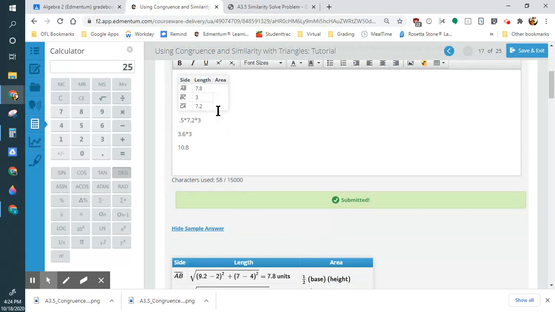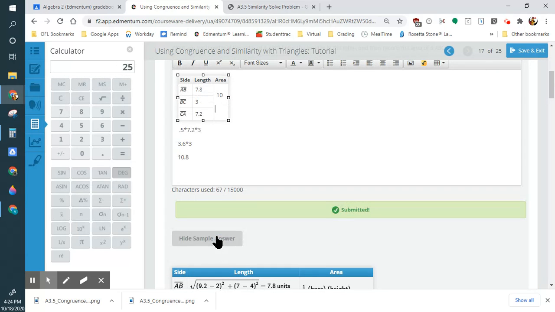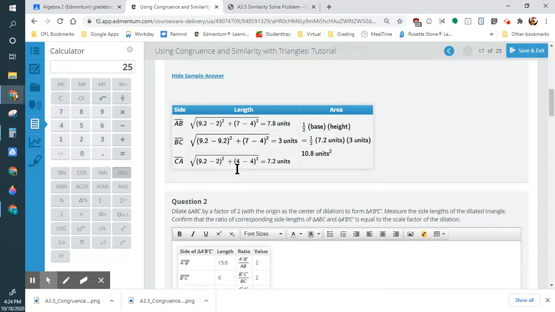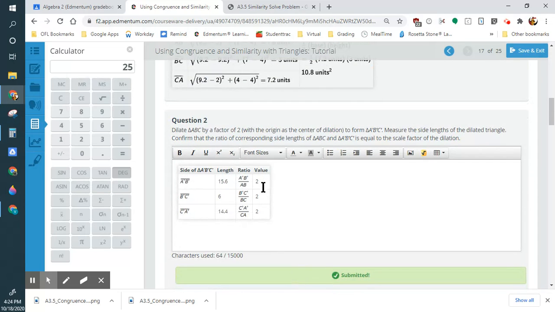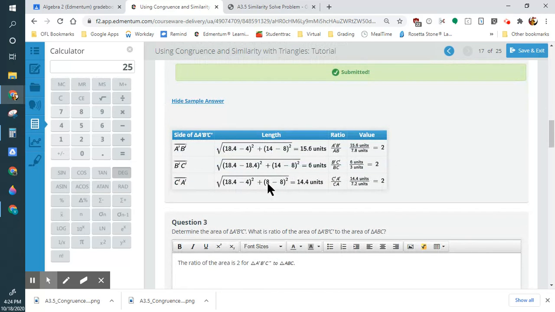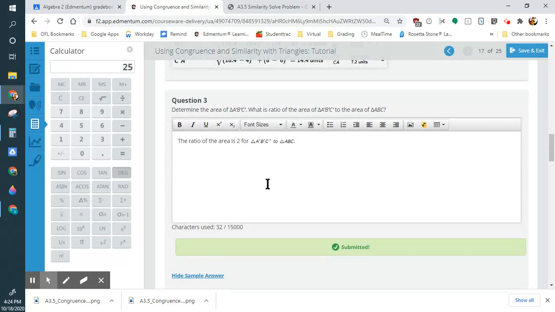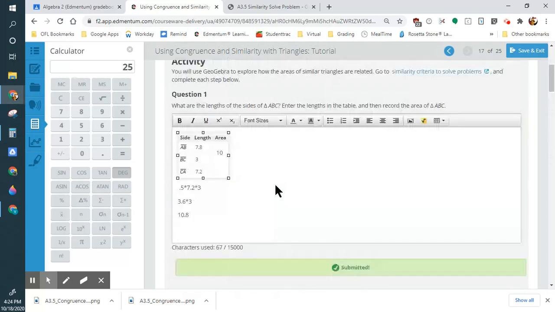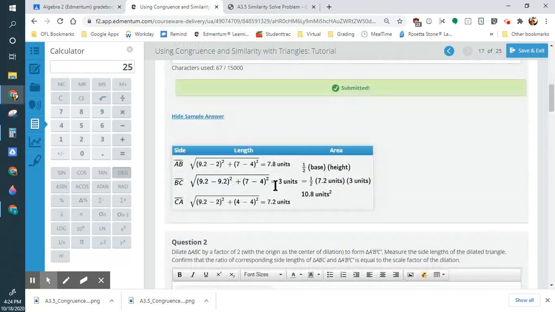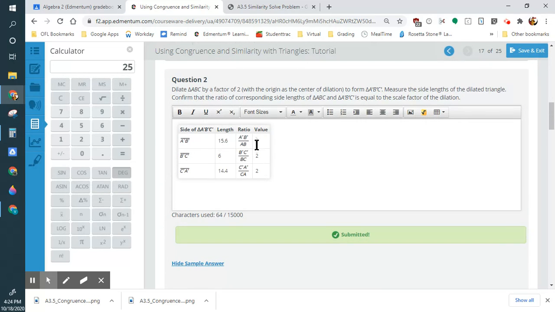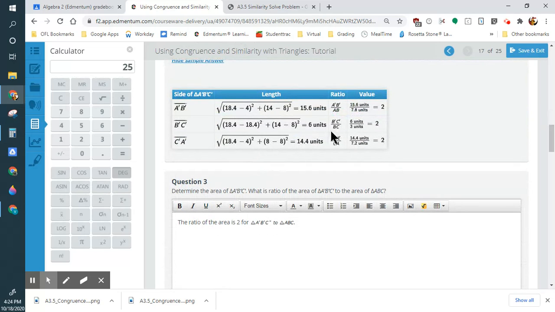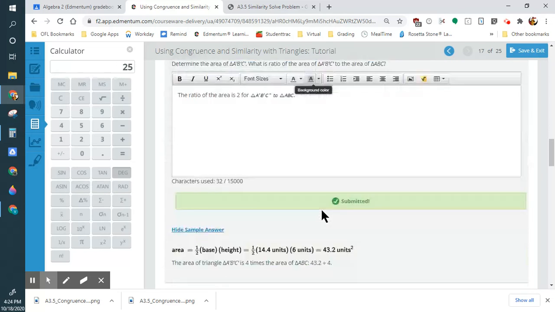Let's think of it this way. If we look way back when we were over here, oops, I forgot to put the 10.8, whatever. When we looked over here, the lengths were double, but the areas end up being a lot bigger.